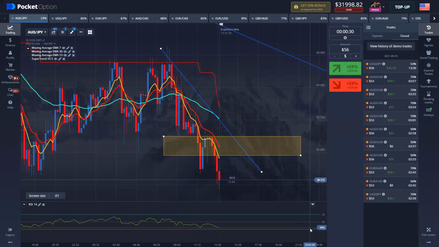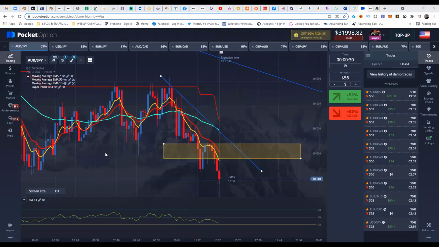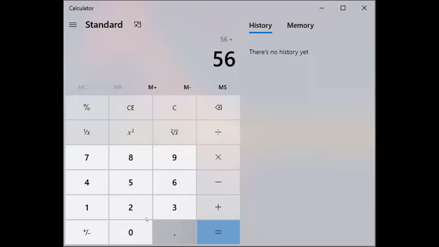So let's actually calculate that. $56 plus $29. Yeah, about $85.68. So that's what we made. I made $29 off of that trade plus my initial investment of $56, which came to $85.